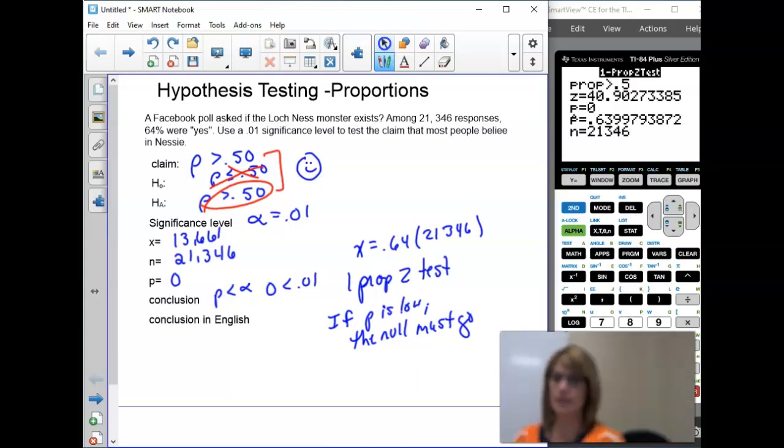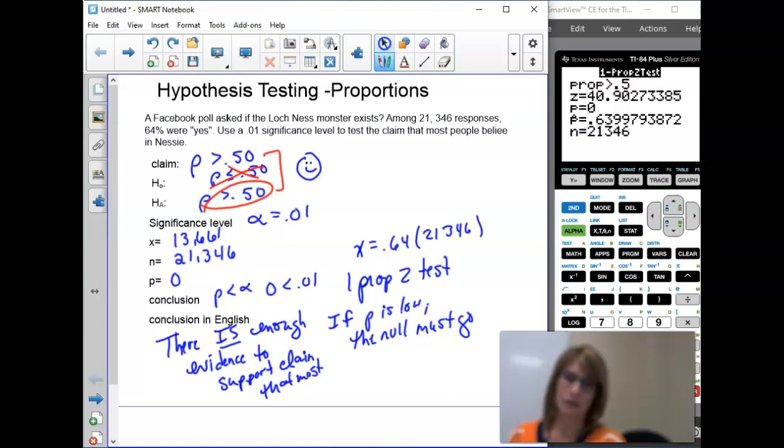So since it matches the claim, then we will say that there is enough evidence to support the claim that most people believe in Nessie.